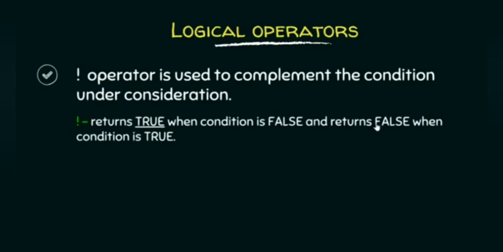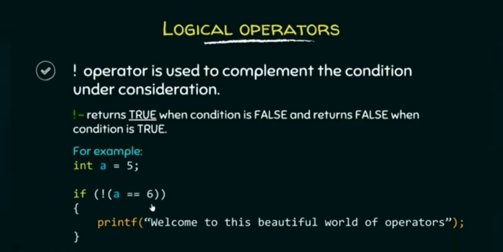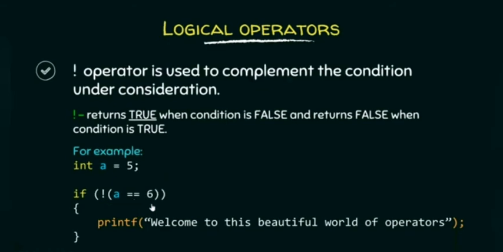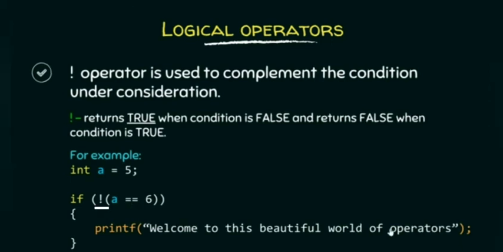Let's try to understand this concept better with the help of one example. Here you can see inside this if construct I have written the expression a is equal to 6, and I use the NOT operator in front of this expression. We know 5 is not equal to 6, therefore this condition evaluates to false. Because of this NOT operator, false finally becomes true.